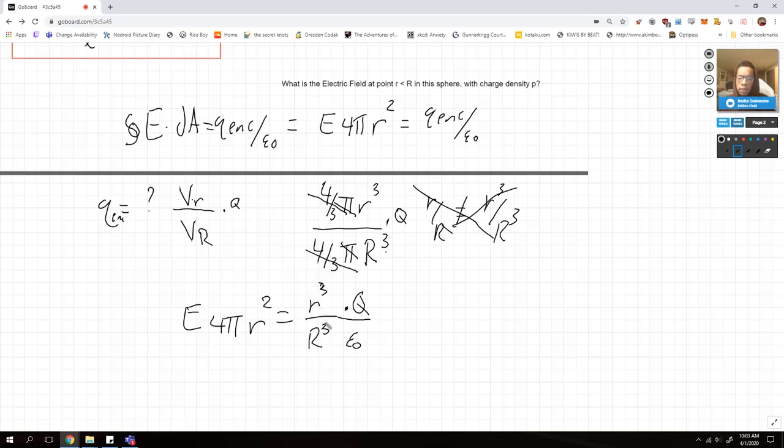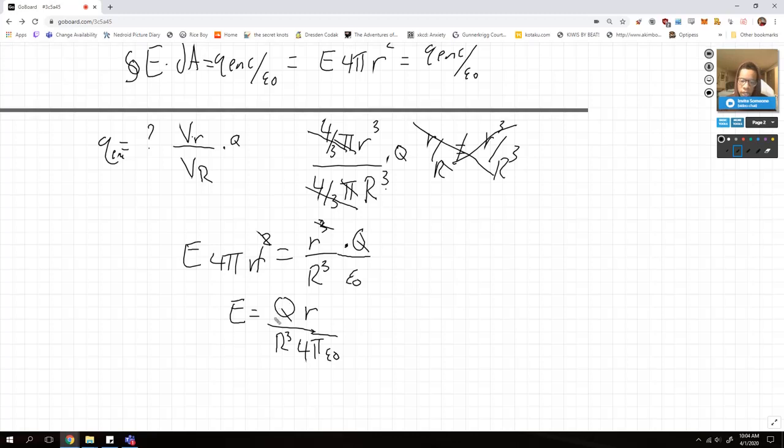So then here I can multiply both sides by 4 pi r squared. My electric field is going to be equal to, my r's are going to cancel, and I'm going to get r times Q over R cubed, 4 pi epsilon naught.